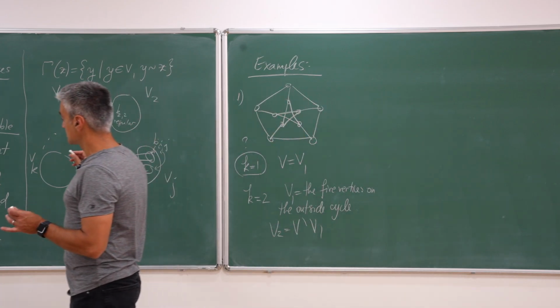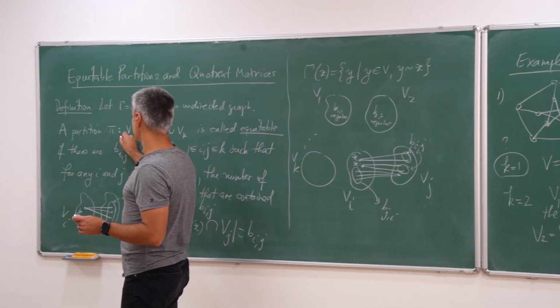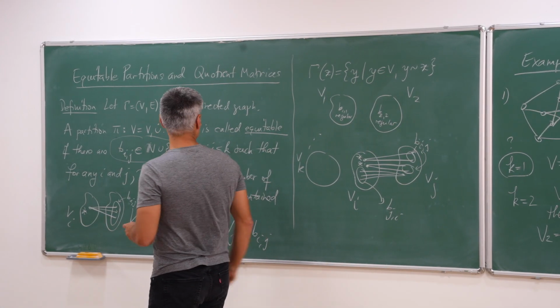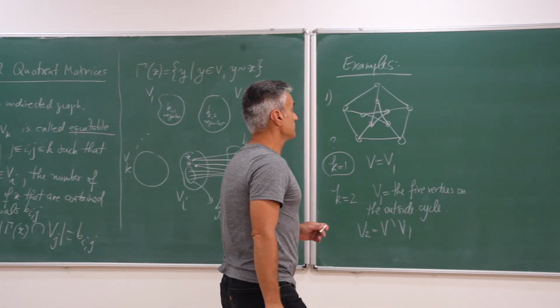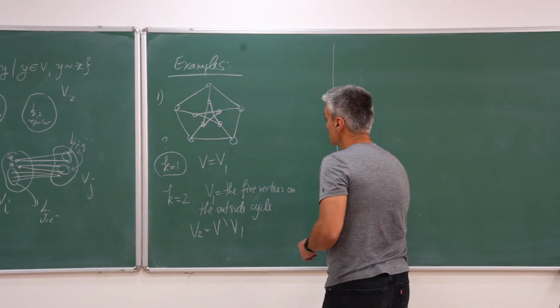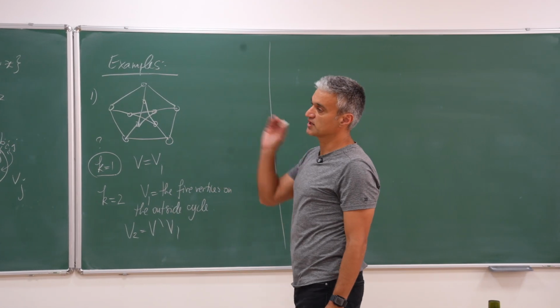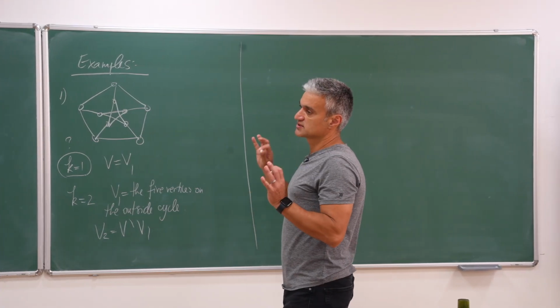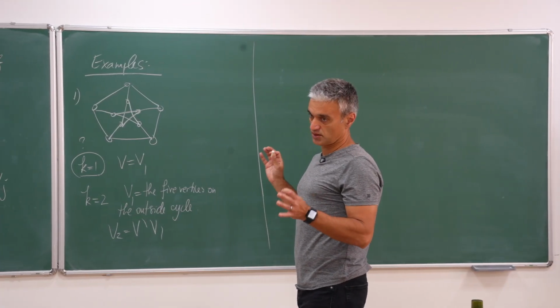these entries, these B_ij entries, are very important. If a partition is equitable and we have these numbers, we collect them into a k by k matrix.